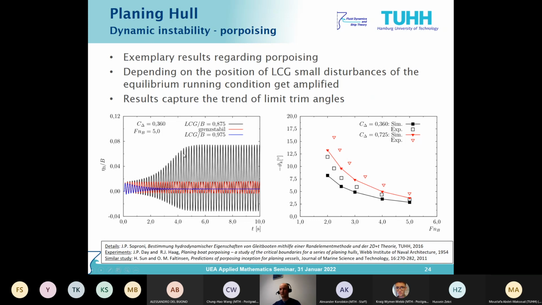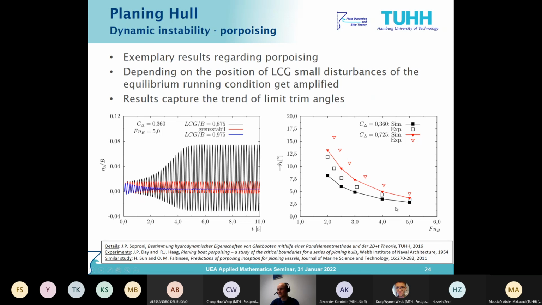If you have a non-stable case, this oscillation will amplify and will become constant at a certain time. There are also possibilities to do this linearized, so you can say whether it is stable or not. But if you do it like this, it is a time domain simulation. One advantage is that you can also get this finite amplitude at the end, when you get a steady oscillation phase.